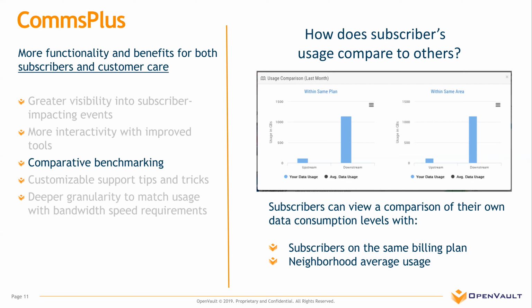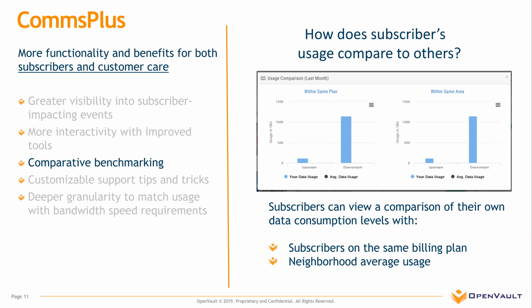This can become really important when we look at a congested node, for instance. Oftentimes our data shows that we may see one subscriber that's chewing up 80% of the available bandwidth, and that's a tough conversation to have.